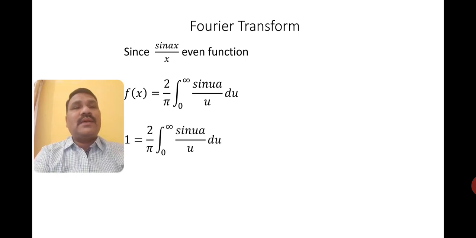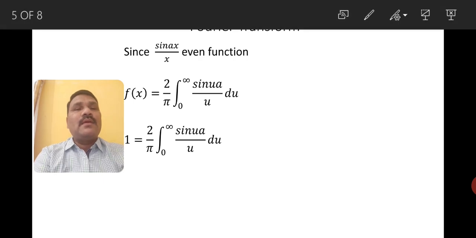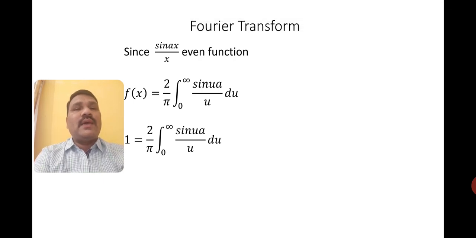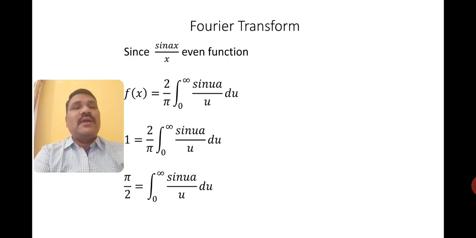Right, so this is what it is: f of x is equal to 1, as I said. So 1 is equal to 2 by pi integral 0 to infinity sin(ua) divided by u. If you transfer this to the left hand side, you will get pi by 2 is equal to integral 0 to infinity sin(ua) divided by u du.